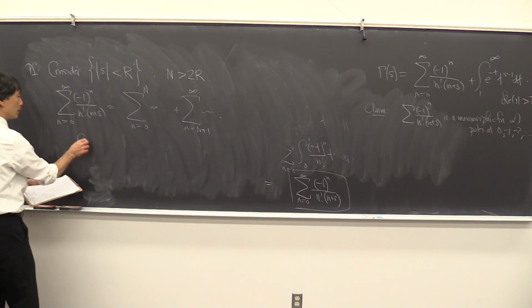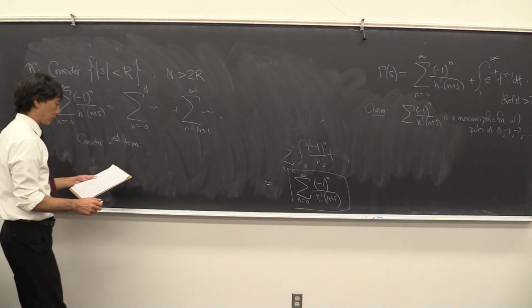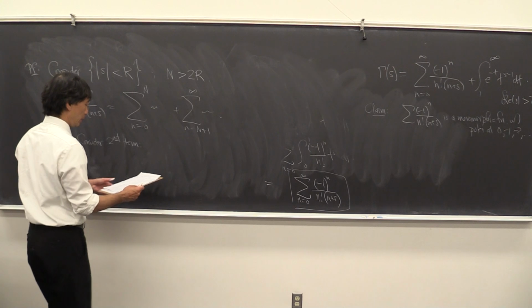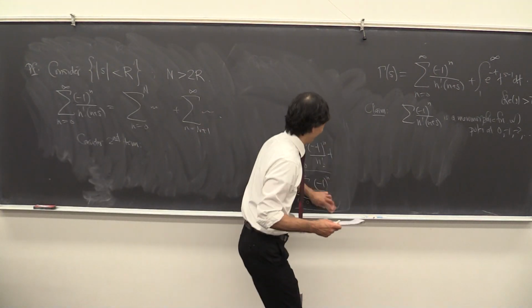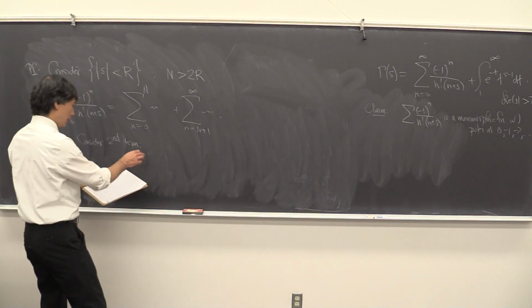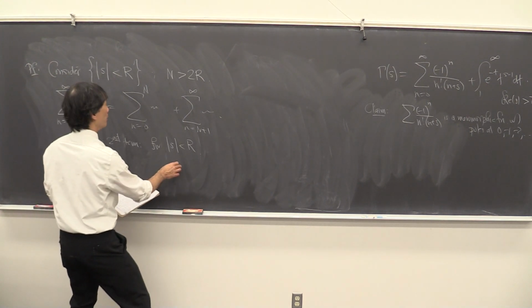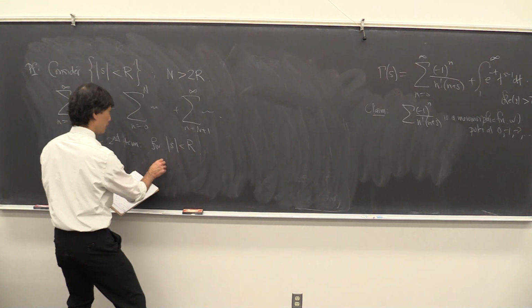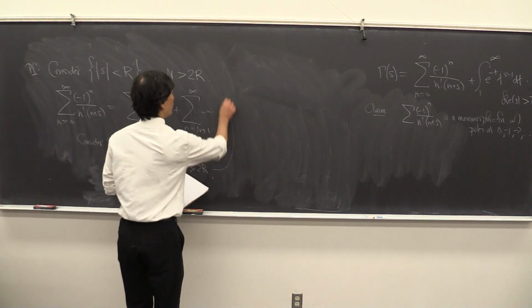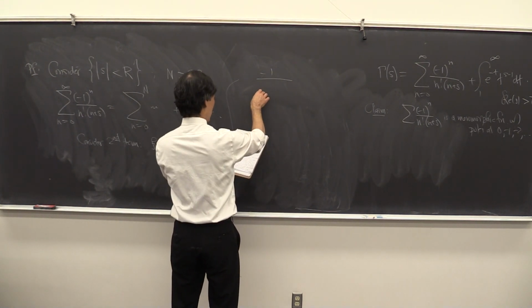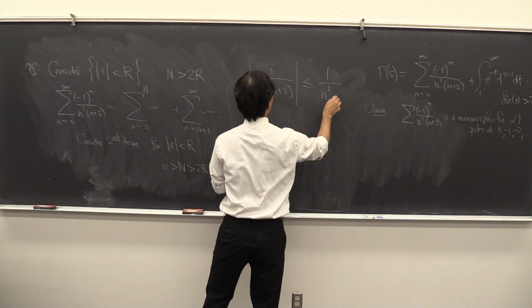So then look at the second term. For s in our disk, and for n bigger than capital N, which is bigger than 2r, we see that the absolute value of negative 1 over n factorial times n plus s is of course smaller than 1 over n factorial times r.